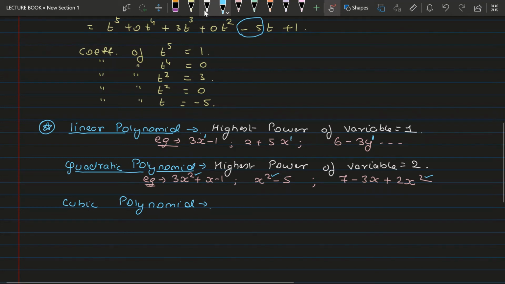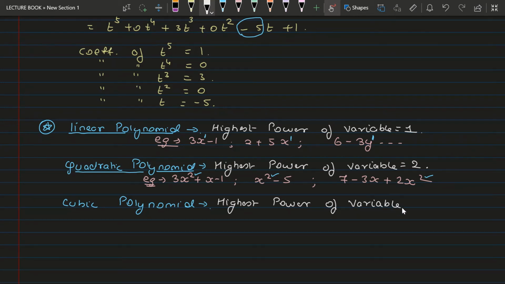Similarly, when we talk about the cubic polynomial, the highest power of variable is 3. For example, 7x cube minus 9x square plus 2x minus 1.